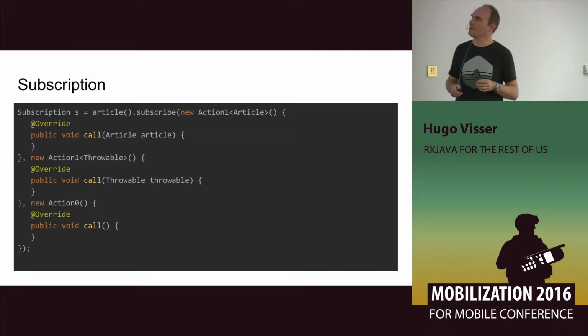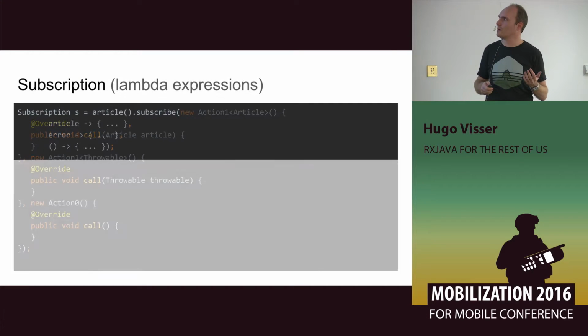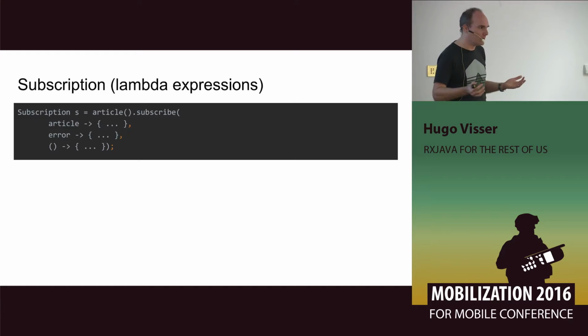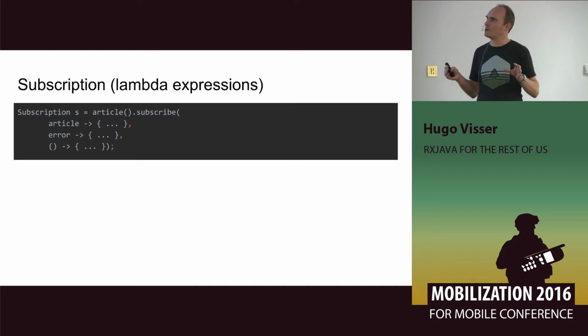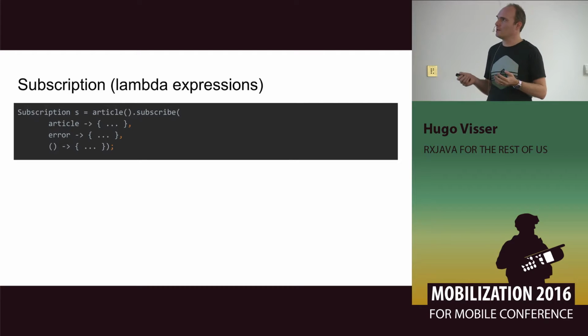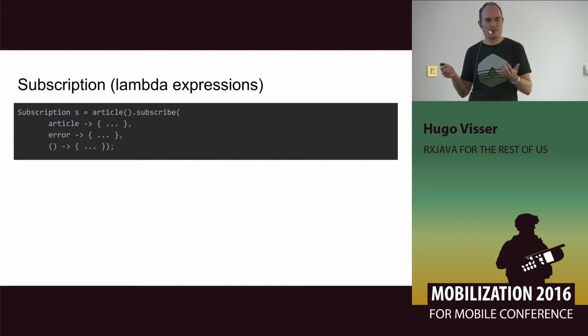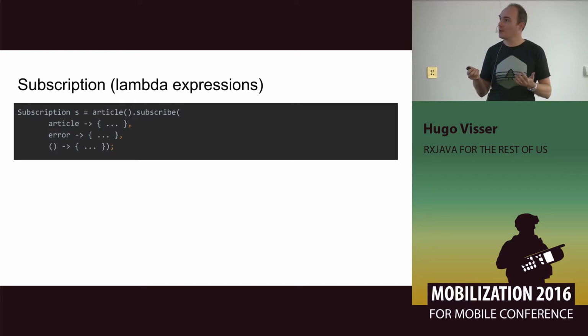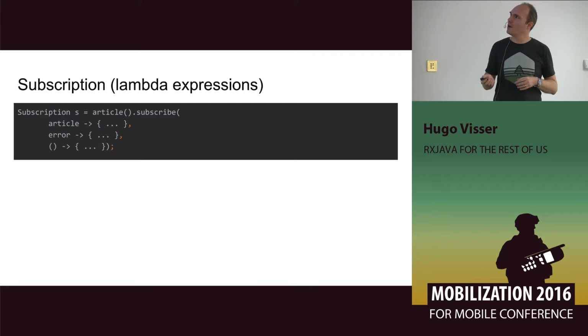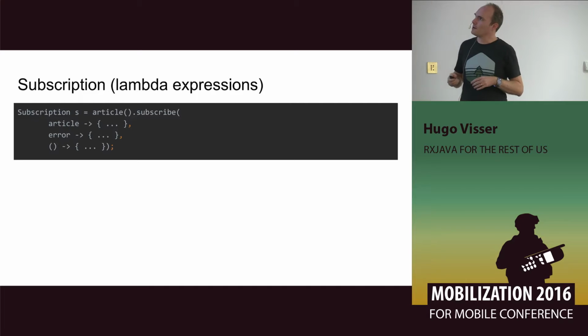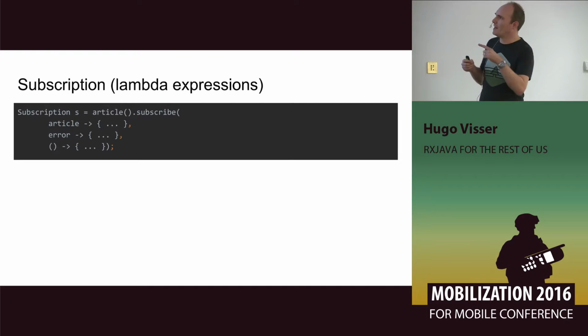This is convenient because when you apply this together with Java 8 lambdas, which are finally coming to Android in an official way, then you can shorten this to this syntax. And this syntax might not be that familiar to everybody, but it's basically how Android Studio would show you if you write inner classes. And it's also way shorter to show in slides, so I'm going to use this for the next slides.